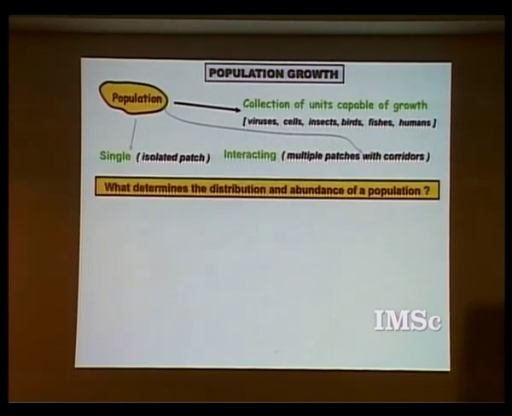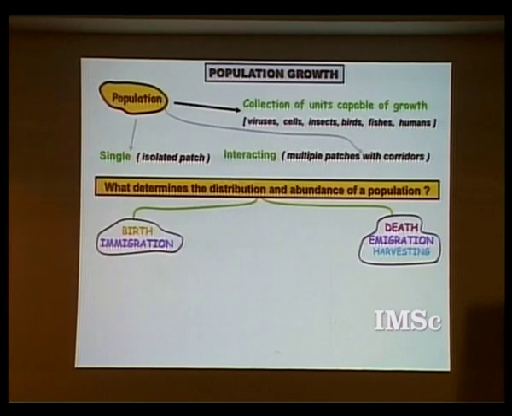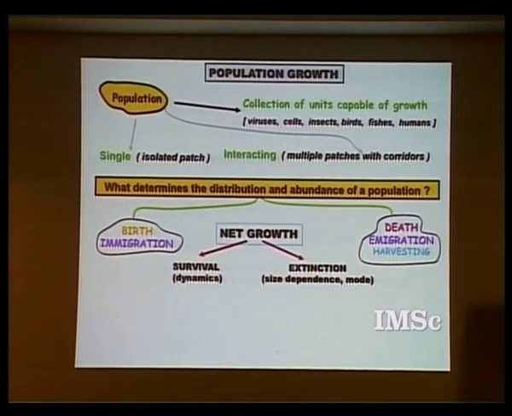What determines this? Essentially growth, what we call birth and death. There are other ecological phenomena that contribute to the distribution, but essentially net growth decides the survival dynamics and the extinction.